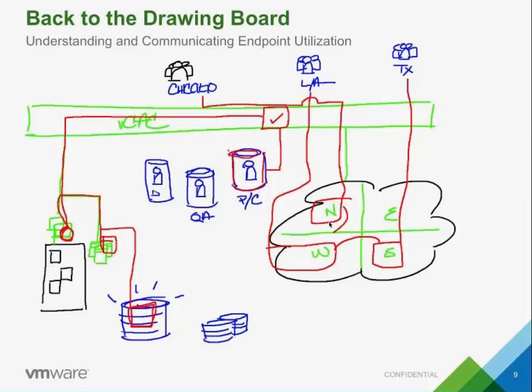The fundamental idea here is that with policy-based automation, you can take a single workload and you can use all of these different endpoints to their fullest potential.